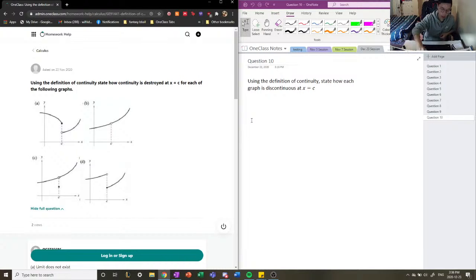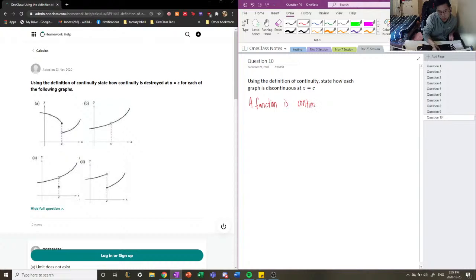Okay, so a function is continuous at x equals c if the limit as x approaches c of f of x is equal to f of c.